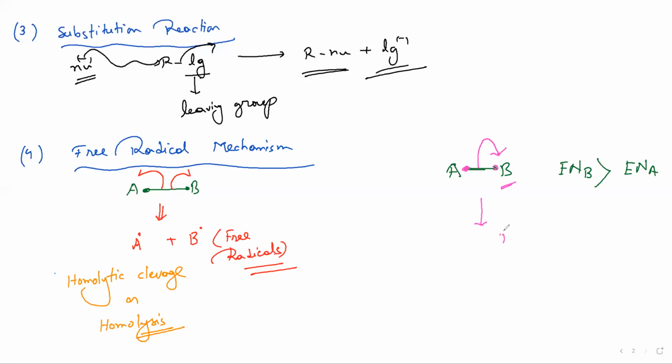After taking two electrons, it becomes B negative, and after losing two electrons, A becomes positive. When positive and negative charges form after bond breaking, this type of bond breaking is called heterolysis, or heterolytic cleavage.